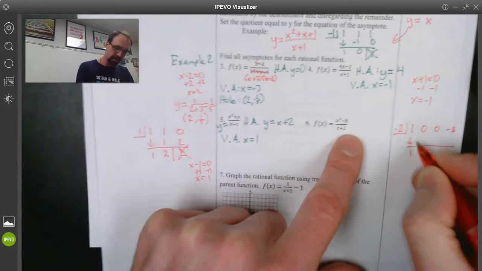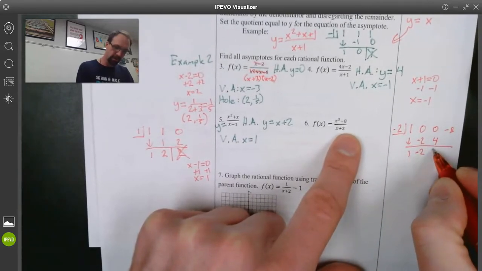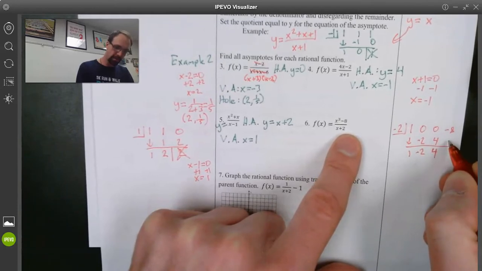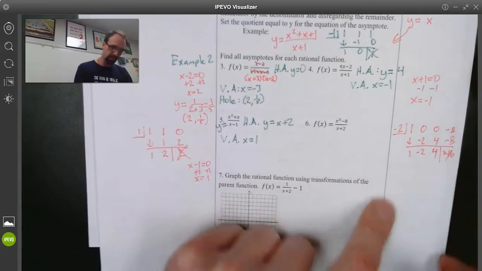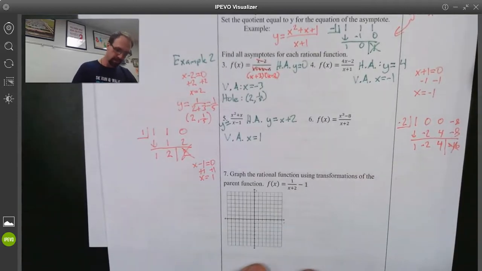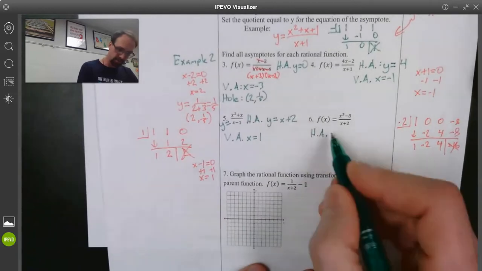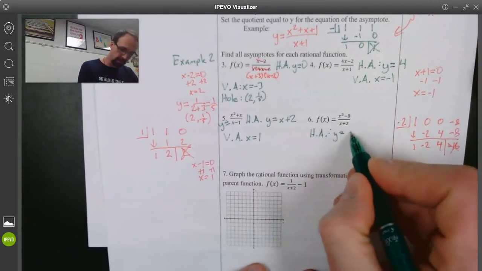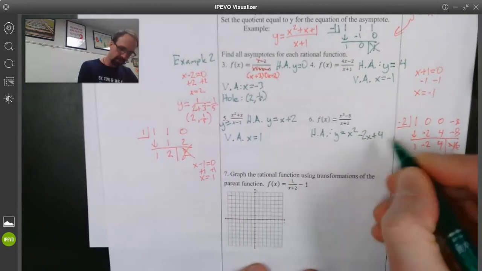Okay. 1, -2, -2, that's 4, 4, -8, -16. Disregard that remainder. So then my horizontal asymptote, or in this case my slant asymptote, is going to be y equals x squared minus 2x plus 4.